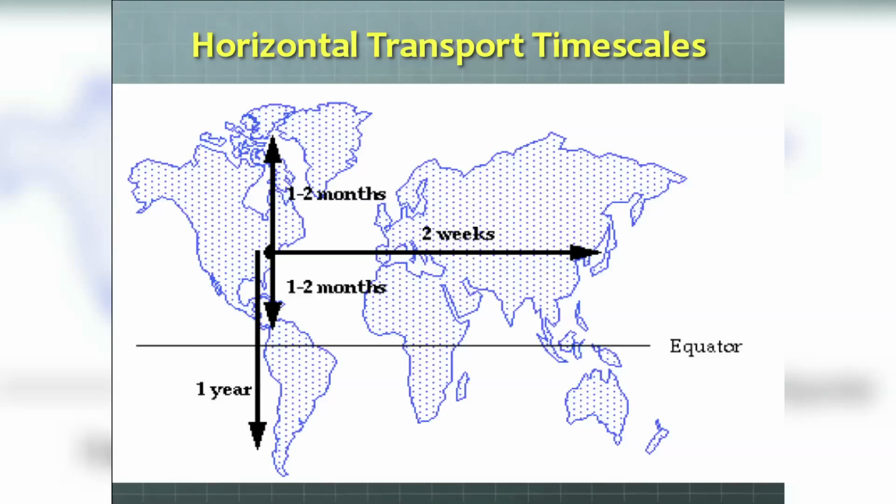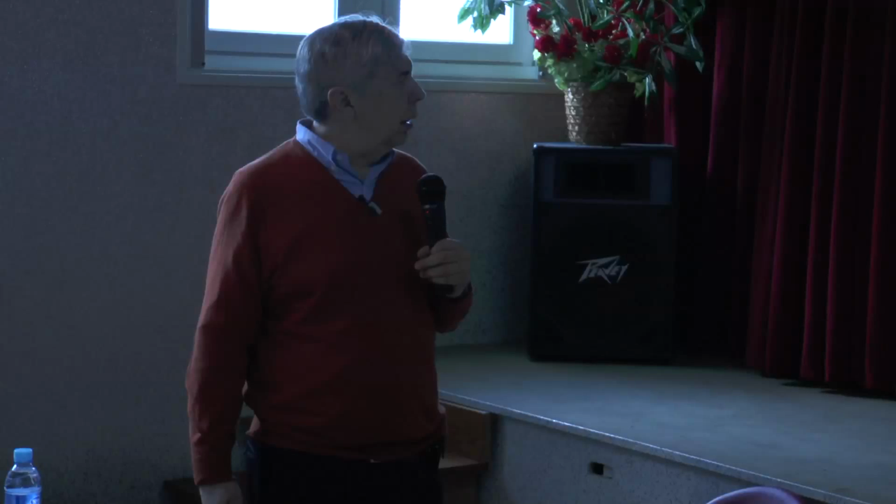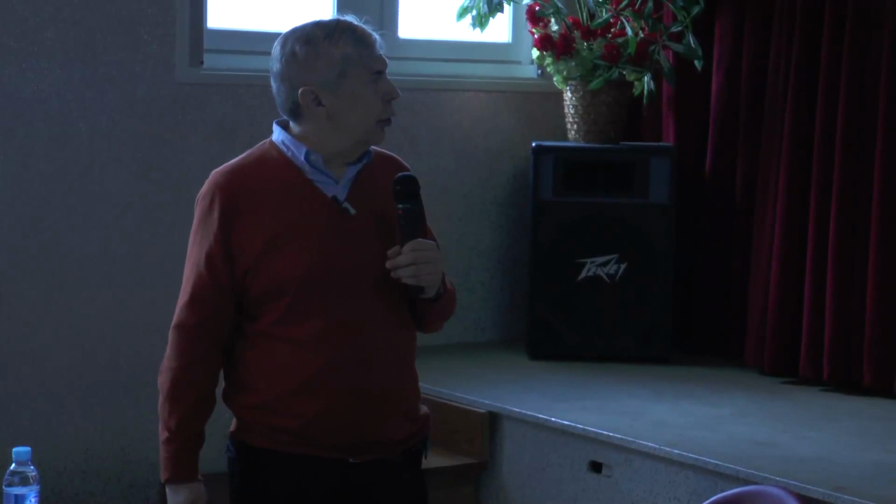But before we do that, we should remember that the time scale associated with displacement of molecules is very different in different parts of the atmosphere. So if you want to bring an air parcel from, let's say, the US to Japan, it will take you about 2 weeks. If you want to bring it from the US to Canada, it will take you about 2 months.